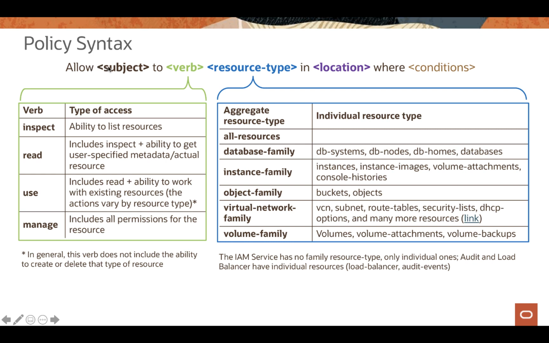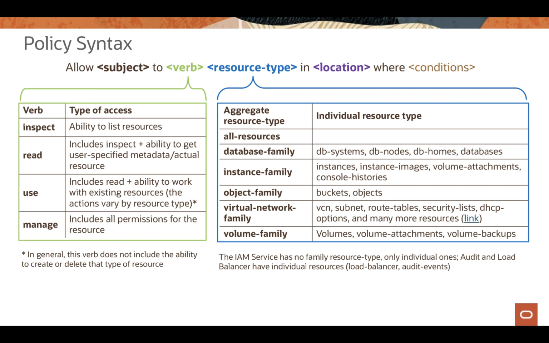After allow, you put a subject. The subject could be one or more comma separated groups that you have set up in IAM. These groups can be listed by name or by their OCIDs. So you can put groups, you can put dynamic groups, or you can also say any-user.